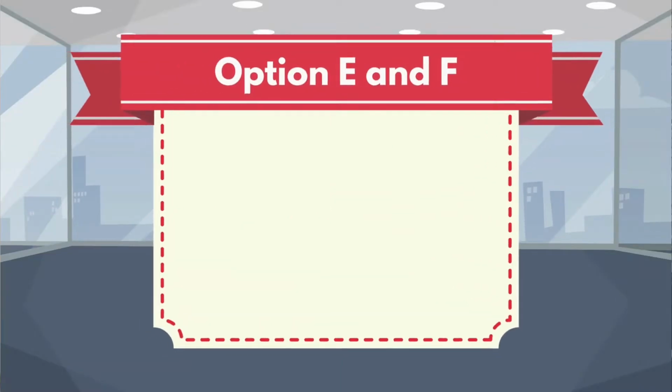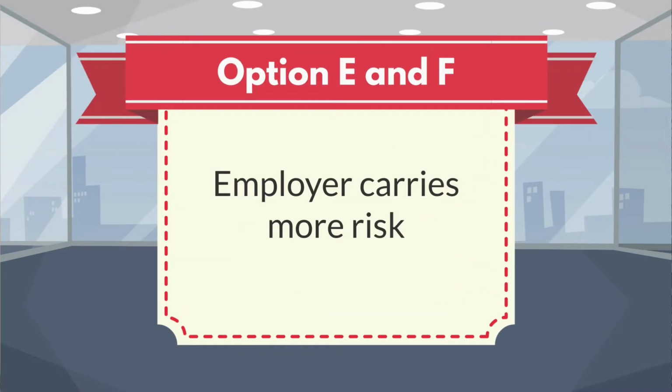So these two, option E and option F, the employer or the client takes most of the risk, right? So these two are normally not done generally, right? Most that you will find is either A or B, right?